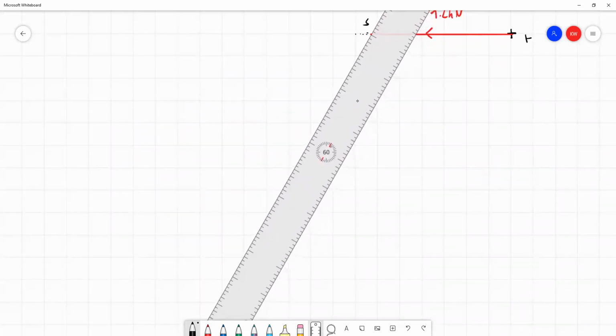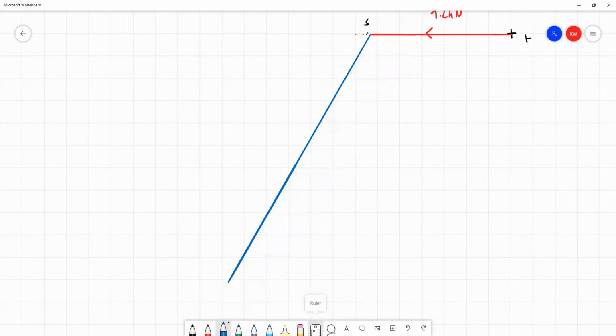So we'll line that up, and we're going to measure down 18.5, and we'll make this one blue. 2, 4, 6, 8, 10, 12, 14, 16, 18 and a half. And so that's our second vector. And for both of these vectors, we have the direction, we have the size, we can put 18.5 kilonewtons here, and that's fine.